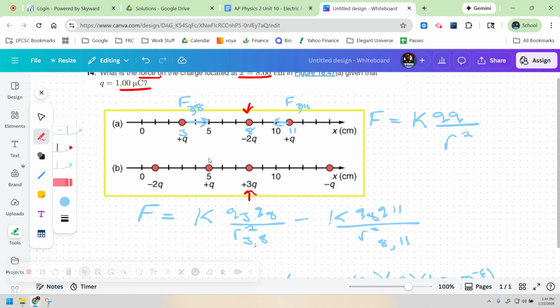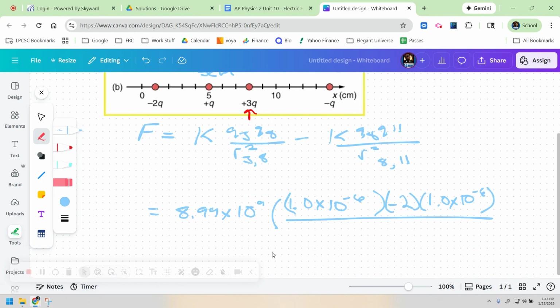Now the distance between them is 5 centimeters, right? But we have to convert that to meters. So that ends up becoming 0.05 meters squared.